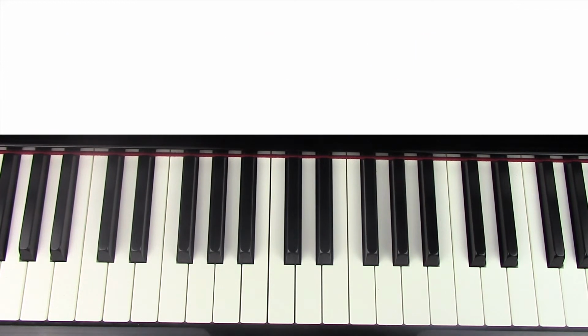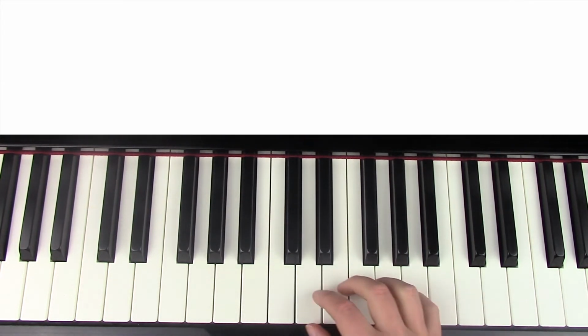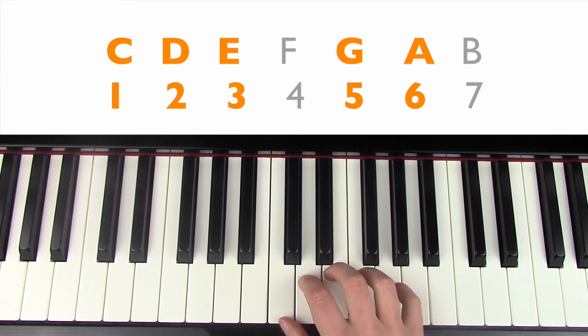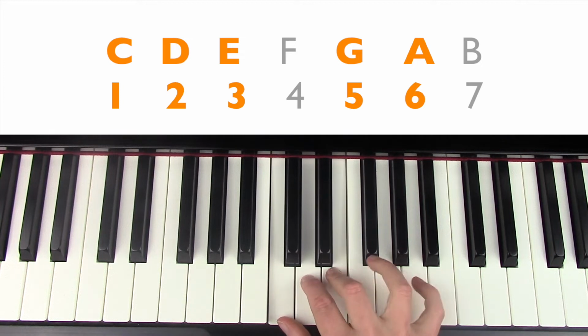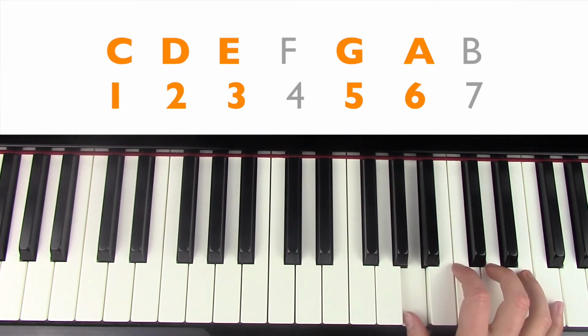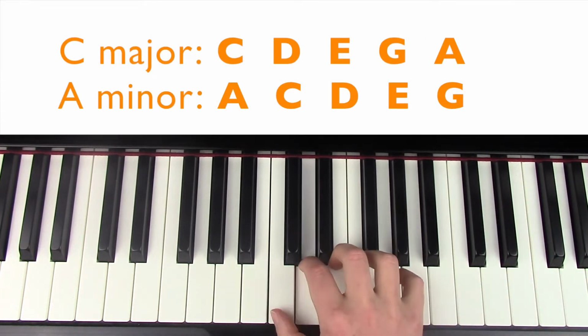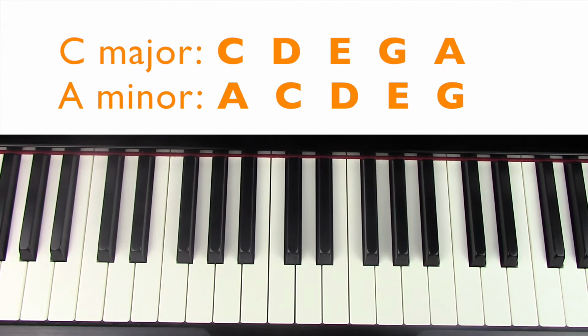And the last one we looked at was A minor. The relative major pentatonic is going to be C major. So C, D, E, G, A. They are both relative and share the same notes in the scale and have the same key signature.